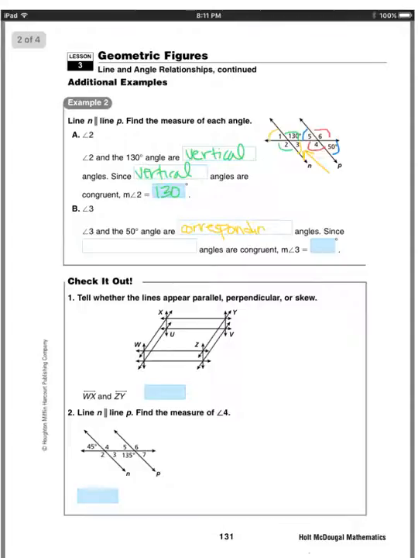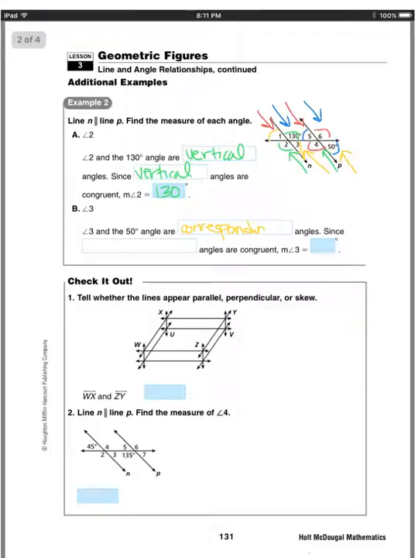I'm going to put arrows to them in the same color because it won't allow me to erase. Our corresponding angles are angle 3 and 50 degrees, angle 2 and 4, angle 6 and 130 degrees, and angle 5 and angle 1.